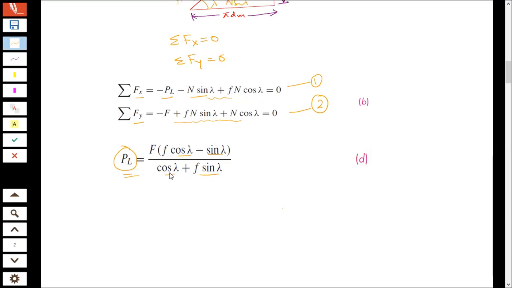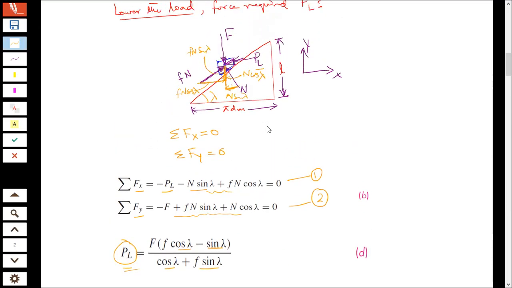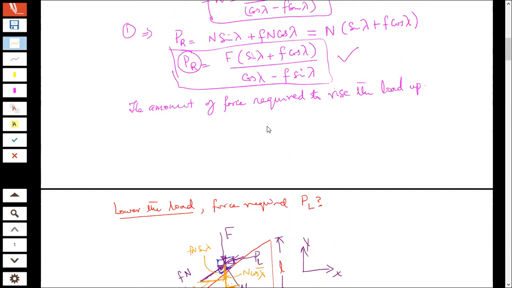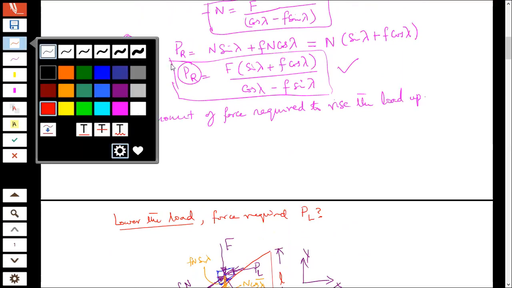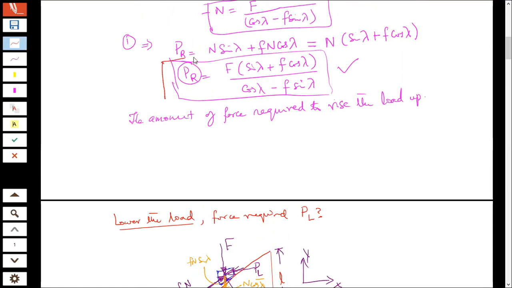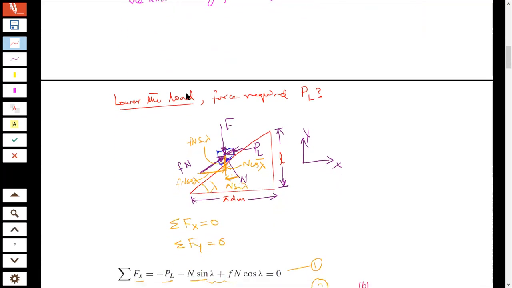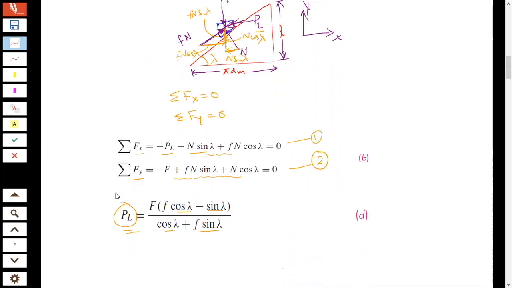Okay, so now I found two equations: one for raising the load, and the other one for lowering the load.